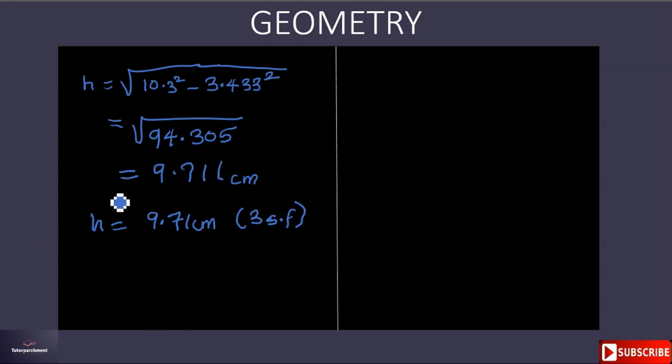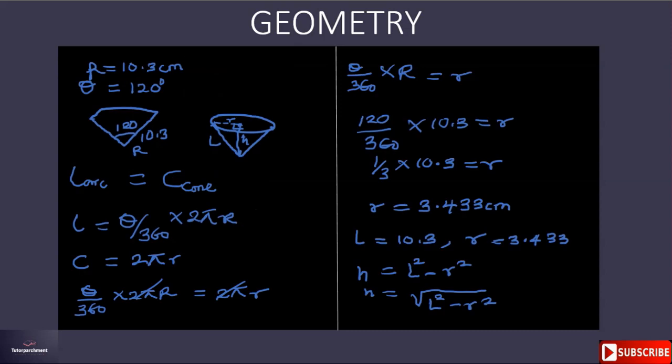There was a little bit of long work. So what did we do? We moved from the known. We were given the radius of the sector and the angle of the sector, so you're able to visualize it. When the sector is folded, that is the net, it forms a cone.